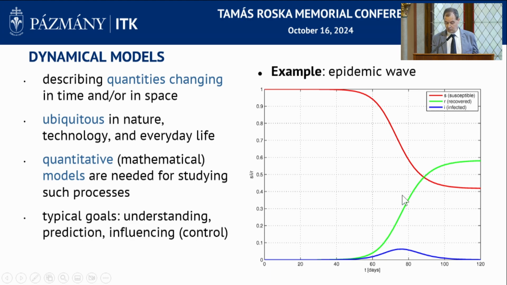So it is a normal flu epidemic wave. And our usual goals with using these models is understanding what's going on, deep understanding, prediction, what will happen in the future, and if we have the possibility influencing the process, which is called control.